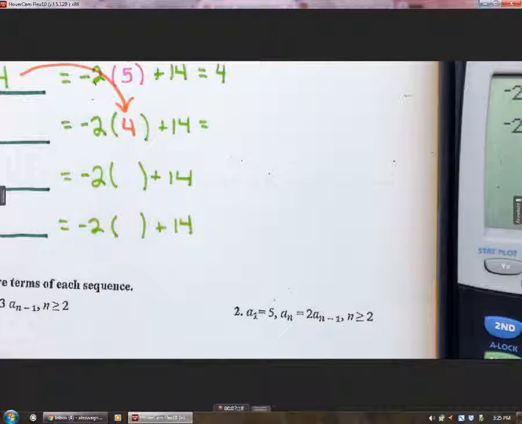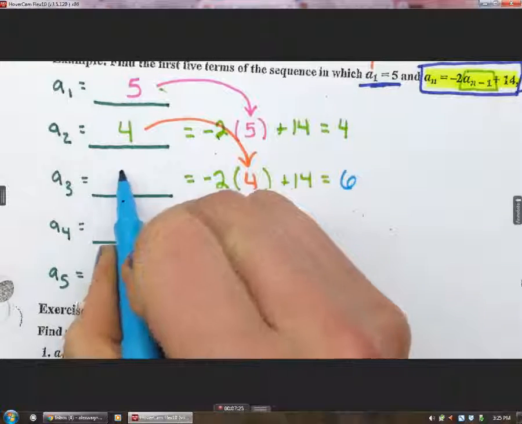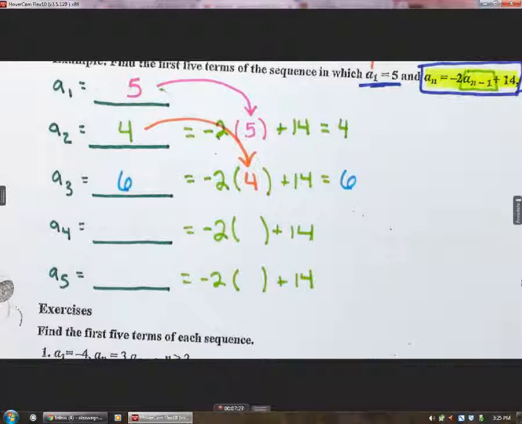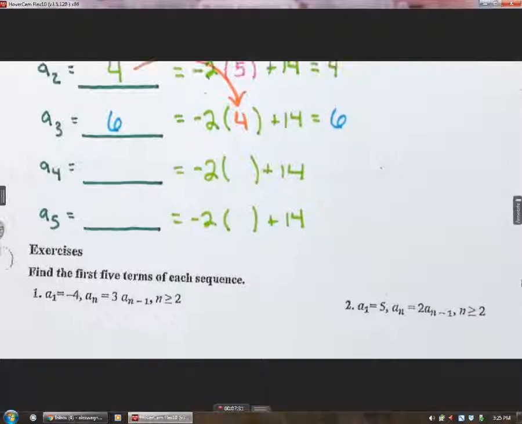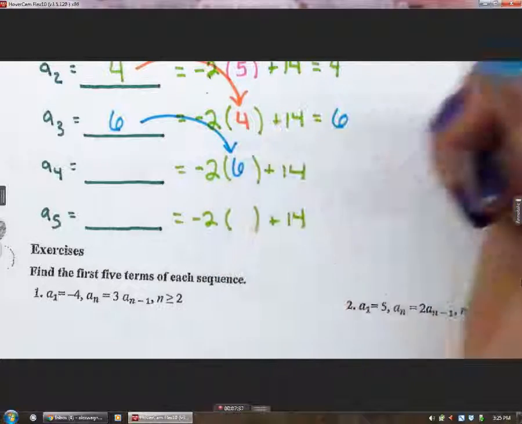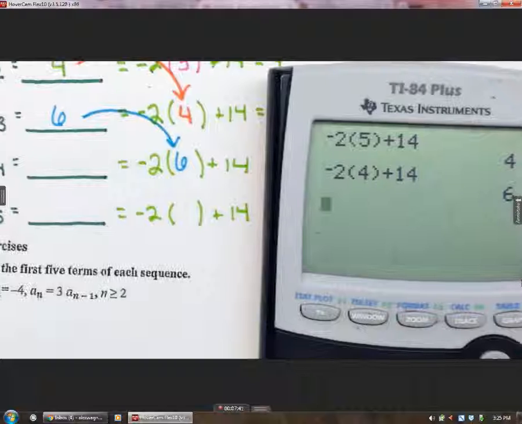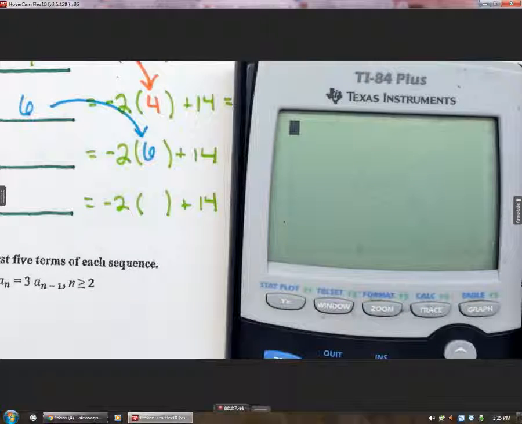I'm going to use a different color. 6. So that's my answer for right here, number 6. I'm on step number 3. I got to get to step 4. I'm going to plug in my 6 down here. Negative 2, parenthesis 6, plus 14 is 2.